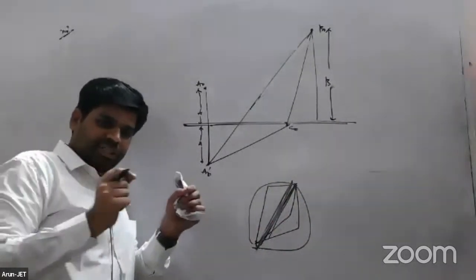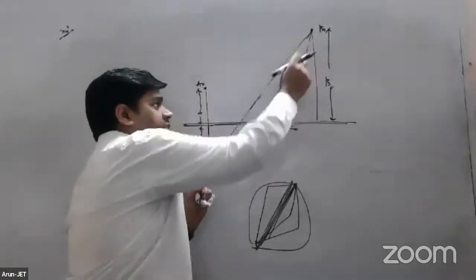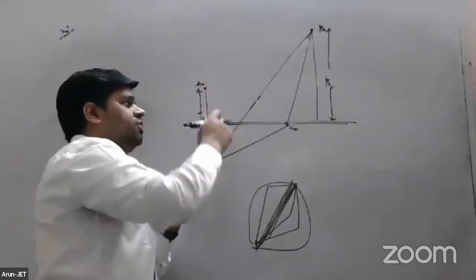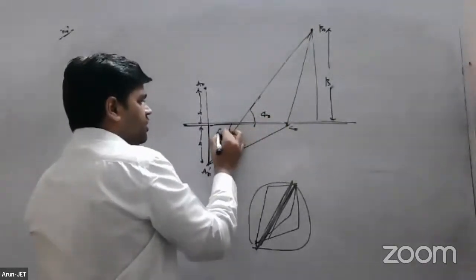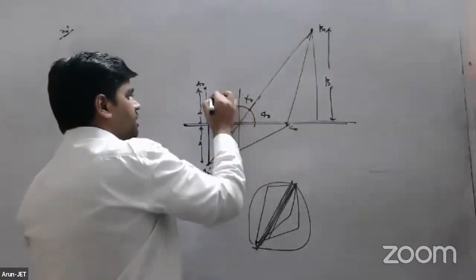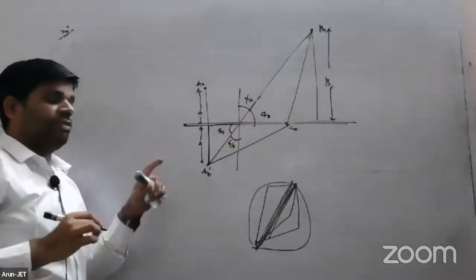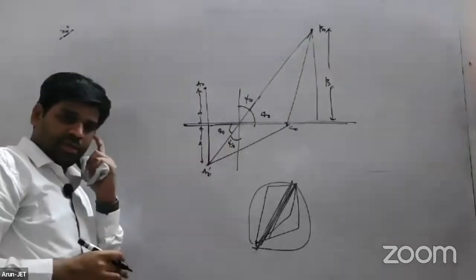The direct connected distance is minimum. That is why this plus this is minimum, when I join A naught prime and B naught directly. When I join them directly, this is theta naught, this is also theta naught. If that is theta naught, let's say this is psi naught, this is psi naught. So I got theta A is equal to theta B. Without calculus, I got it.